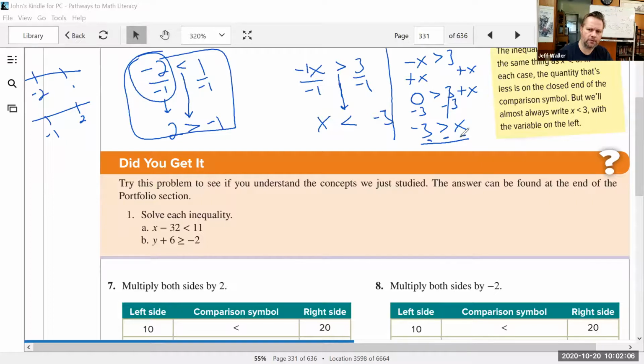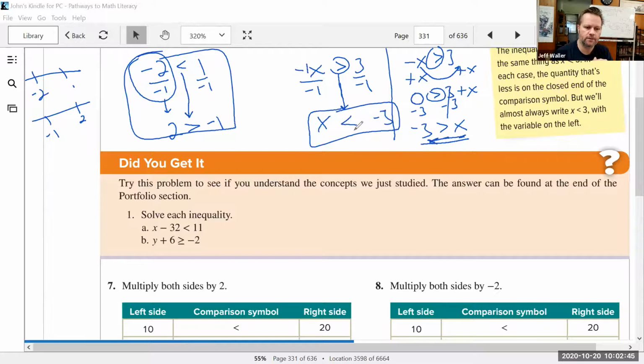Good. Now read it backwards. x is less than -3. Yes, which is exactly what this says right there. So that's another reason why the inequality symbol has to flip: if I make the variable positive, it's on the other side of the symbol. If I take a shortcut and just divide the negative away, that's got to flip. So there are two ways to see why that inequality symbol has to flip when you multiply or divide by a negative.